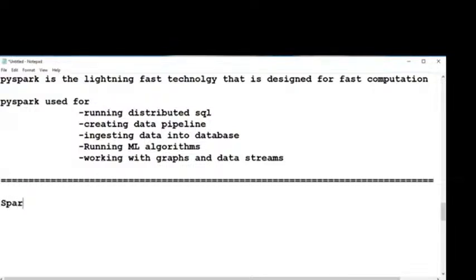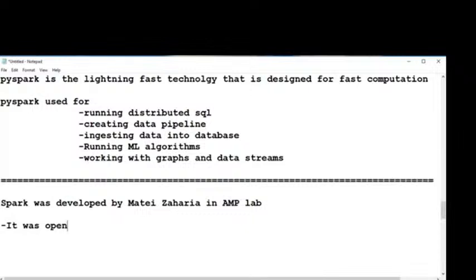If you see Spark, it was developed by Matei Zaharia in AMPLab.